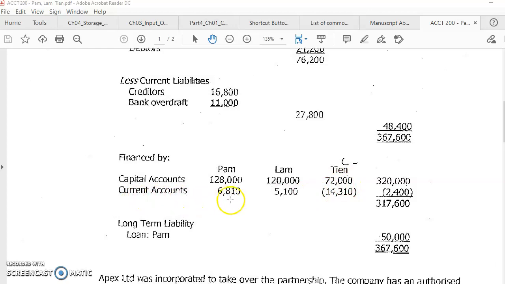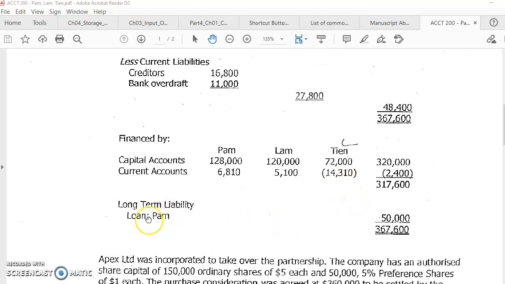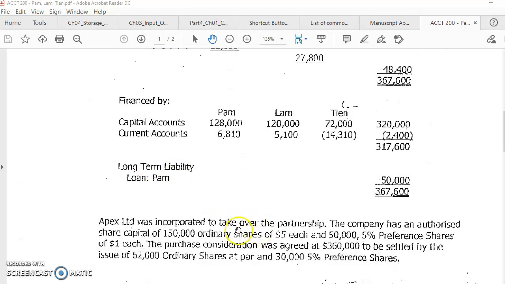And their current accounts: Pam has a credit balance of $6,810, Lam a credit balance of $5,100, and Tien a debit balance of $14,310. There's also a long-term or non-current liability, which is a loan from Pam of $50,000.